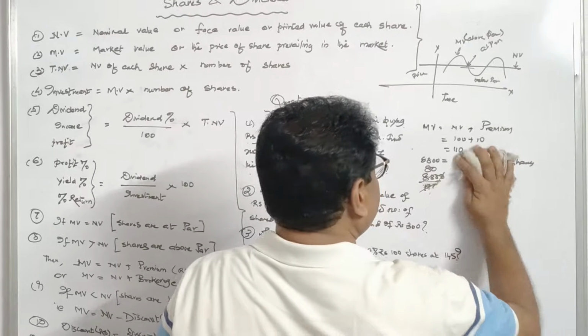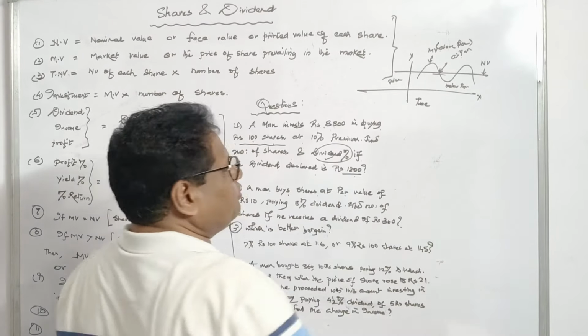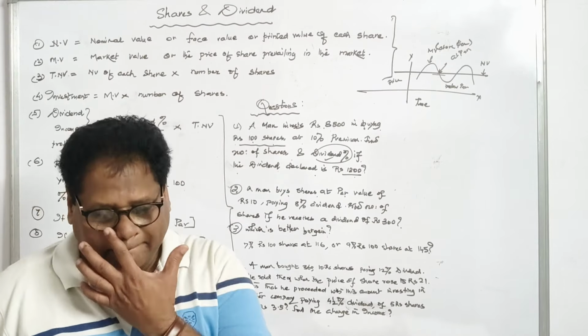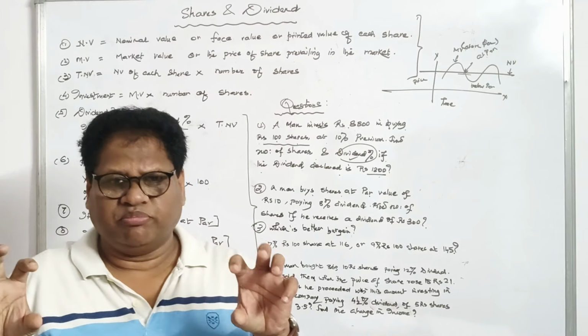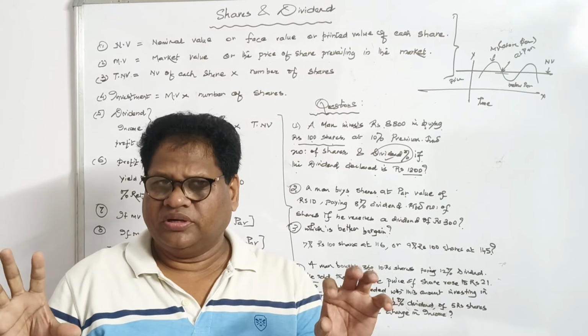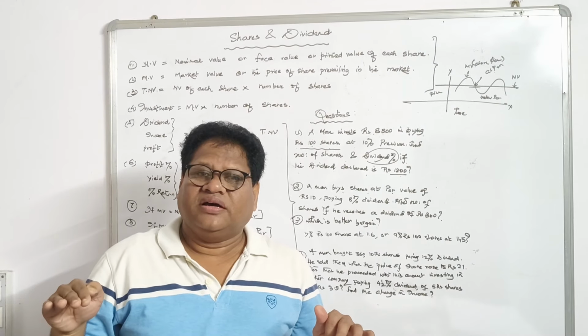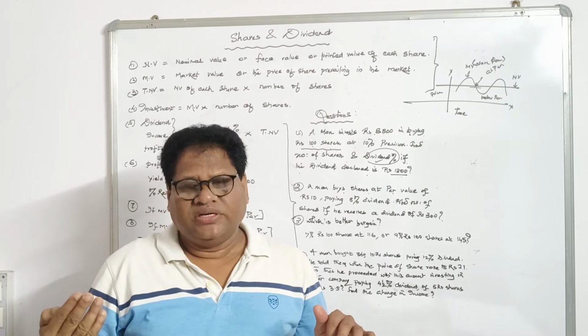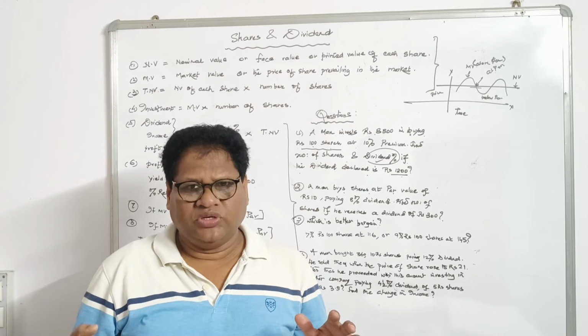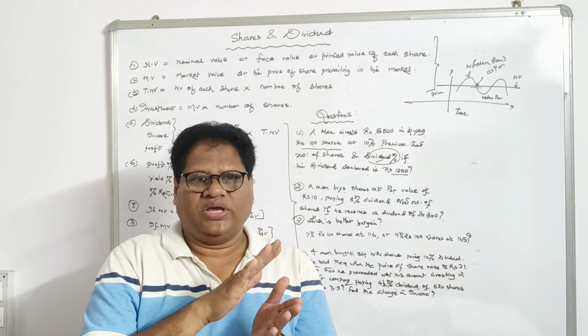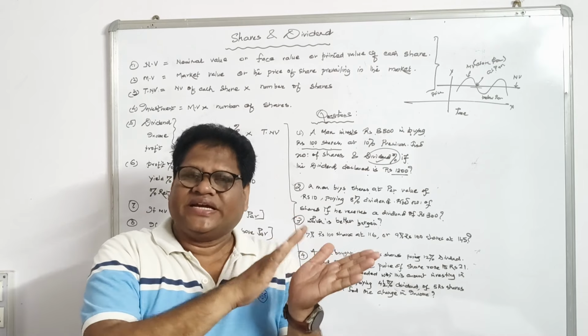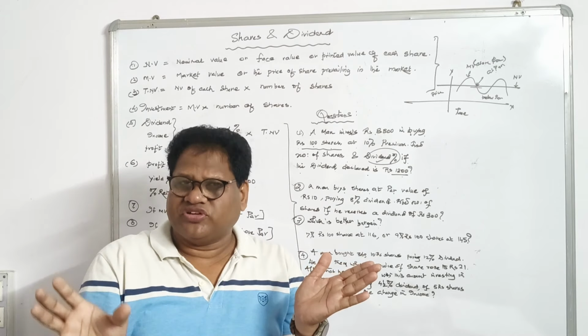Now let's take one question based on sale proceeds. What is sale proceeds? There are two companies, suppose company A, company B. A person invested in company A, and after certain time he found that it was not a profitable venture for him, so he changed his profile. He went to invest in the second company, disposing the shares of the first company.